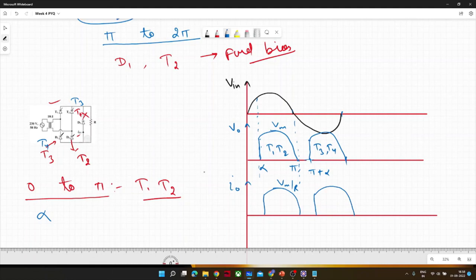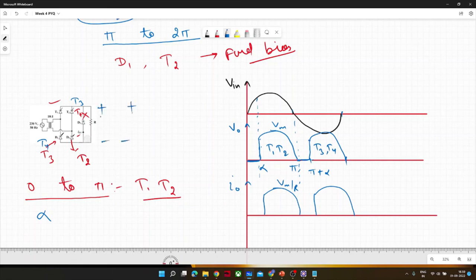Now, what I am saying is, during this period, no device is conducting. Why? Because its triggering angle is starting from alpha only. And in this case, it is D2 or D3, but it has nothing to conduct. Resistive current would flow only when this terminal is either positive or negative.